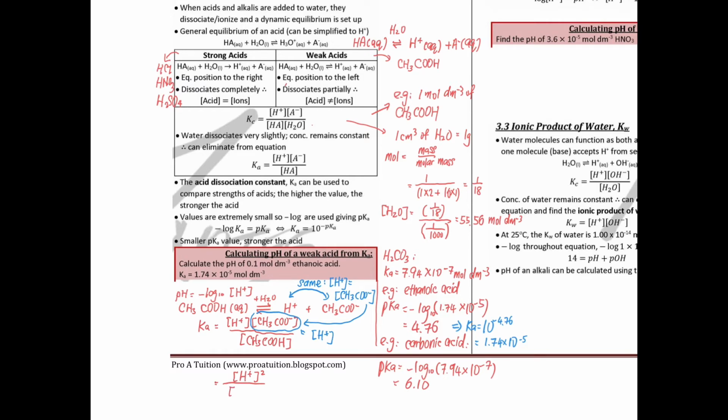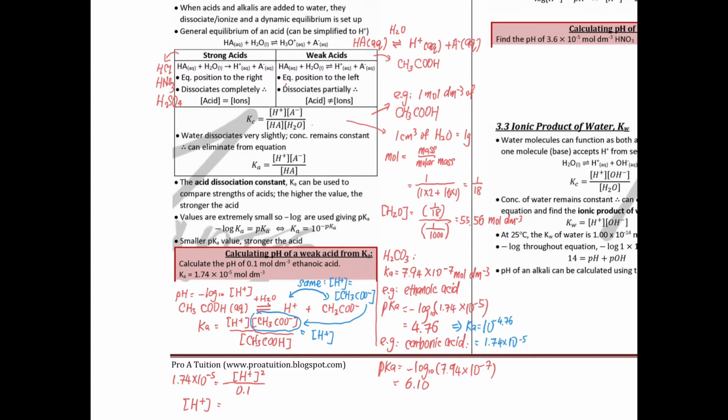And the bottom, which is the concentration of the ethanoic acid, I replace with 0.1. This value is given in the question. Ka is also given, 1.74 times 10 to the power of -5. Then from here, we just play around with the fractions, and at the end we get the concentration of H plus.